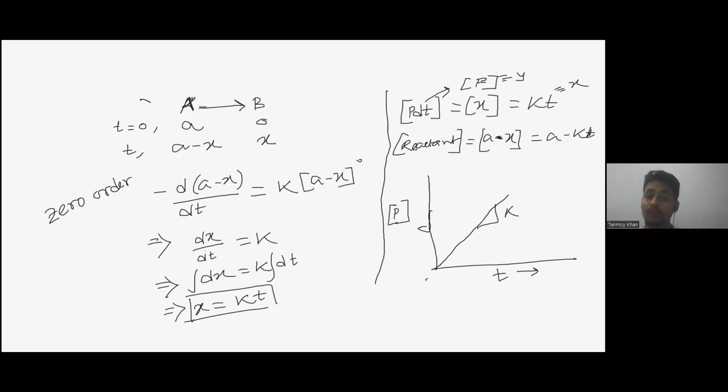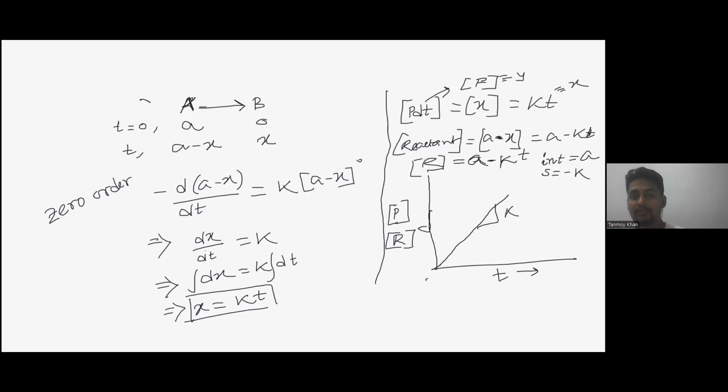Similarly, what will happen for the reactant, if the reactant concentration at any time is R? It is A minus kt, right? This is also a straight line, but here the intercept is not 0, it is A, and the slope is not k, it is minus k.